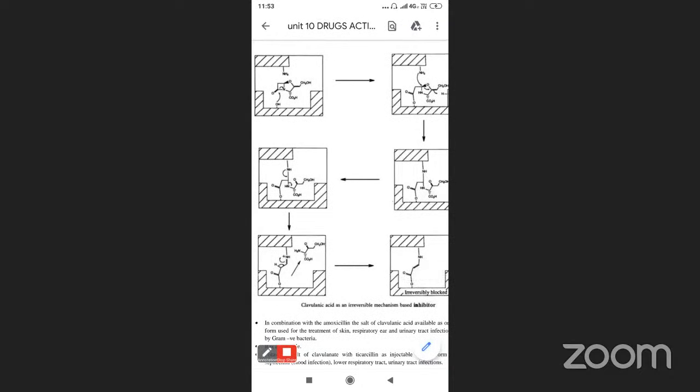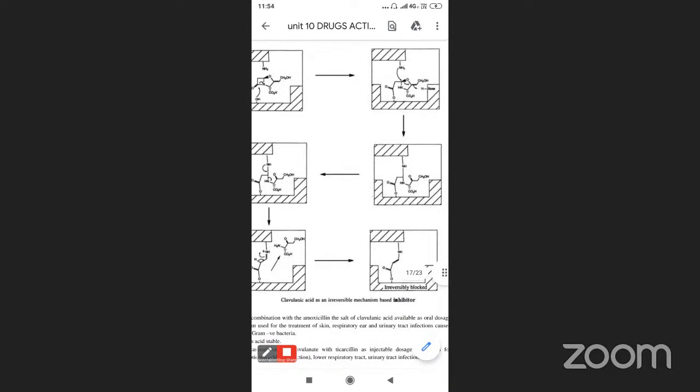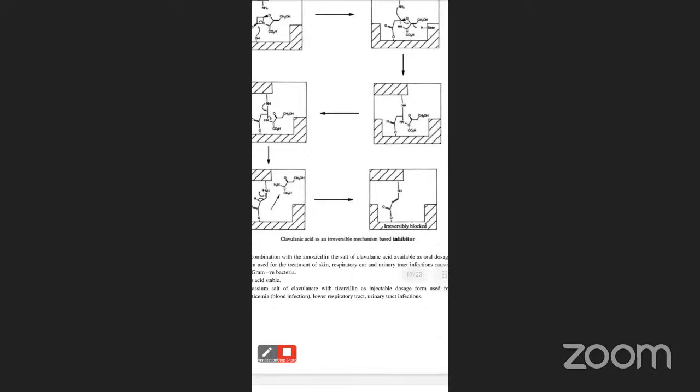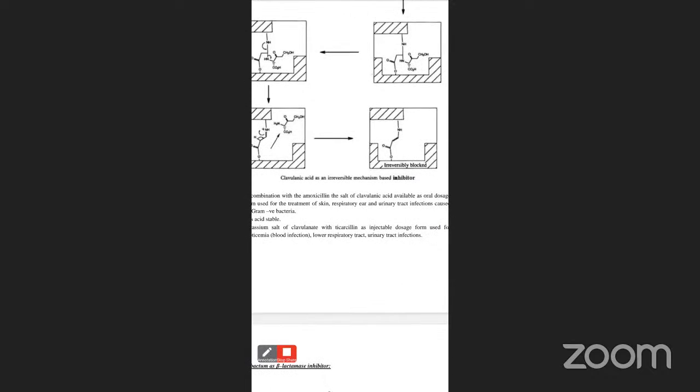This reaction takes place on the surface of the beta lactamase enzyme, whereas there it takes place on the surface of the transpeptidase enzyme, right? But the same mechanism is followed, where the clavulanic acid inhibits the beta lactamase enzyme, and this also is going to stop the bacterial cell wall preparation, right?